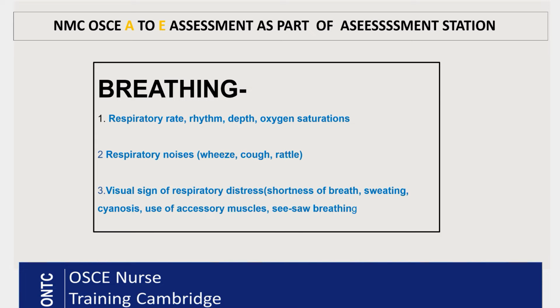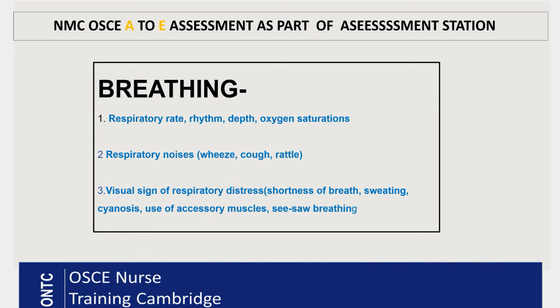Then obviously you look at the movement of their chest. Look at your actor's chest and see that it's not moving unequally, that both sides are moving equally. Then look for any visual signs of respiratory distress.